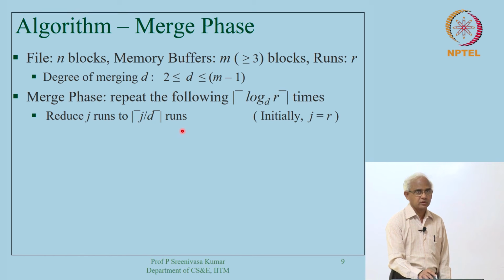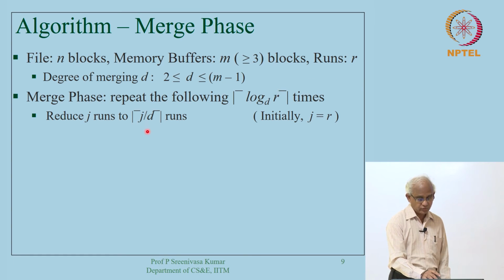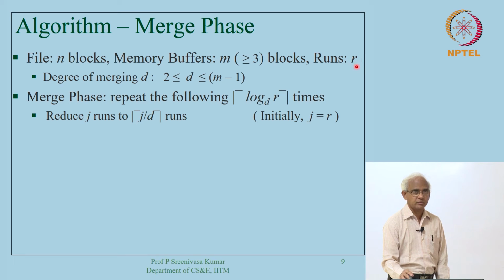So, that means if you have some 100 runs to start with and then you are doing a 4-way merging, we will reduce the runs to 25 runs. You will take 100 runs and produce 25 runs. So, reduce j runs to j by d number of runs. Initially j equals the number of runs that we have.